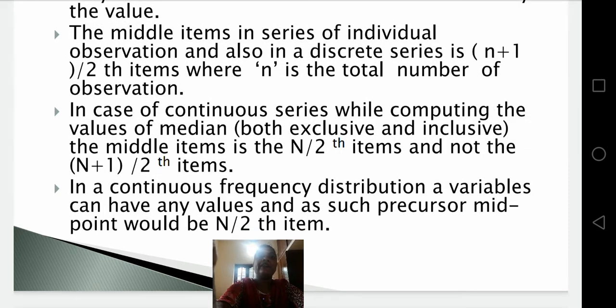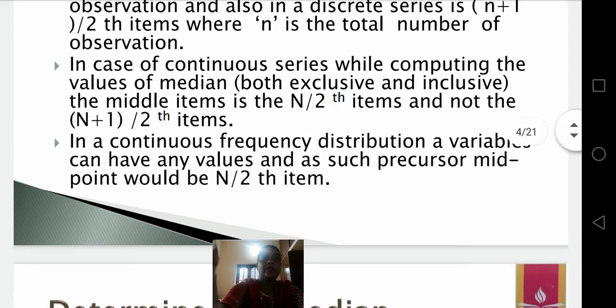That's why we calculate it by n plus 1 by 2. For example, 10 means 10 plus 1, 11, 11 by 2, that is 5.5, the value. So it will lie between the fifth value and sixth value. This is applicable for both exclusive and inclusive type of data.